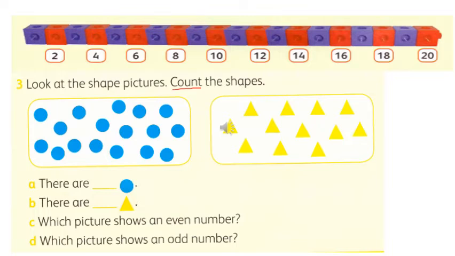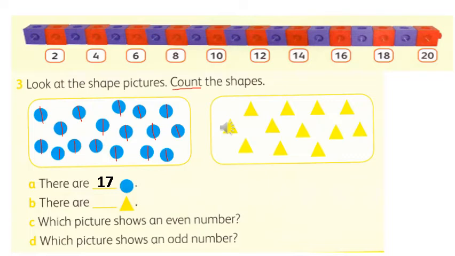Let's start with the blue circles. 1, 2, 3, 4, 5, 6, 7, 8, 9, 10, 11, 12, 13, 14, 15, 16, 17. So there are 17 blue circles.